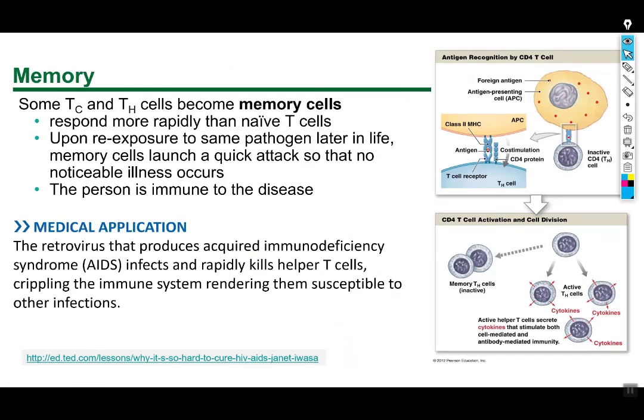So with regard to T cell immunity, T sub C means cytotoxic T cells. So these are going to directly attack other cells. And T sub H, this stands for helper T cells.